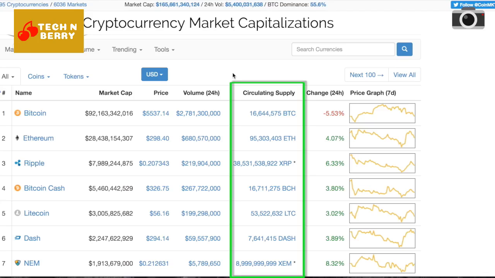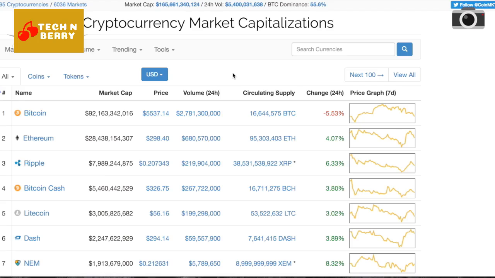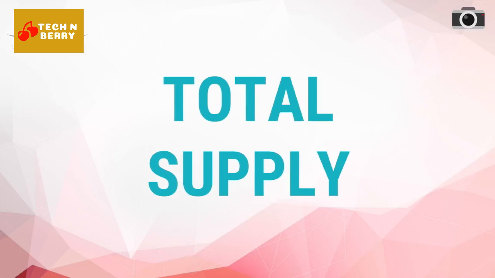The circulating supply is what's currently circulating and available for trade on the market. This includes the total amount available on every exchange, not accounting for what's been sold and held in wallets. The total supply measures all coins in existence, including those already sold and no longer circulating.